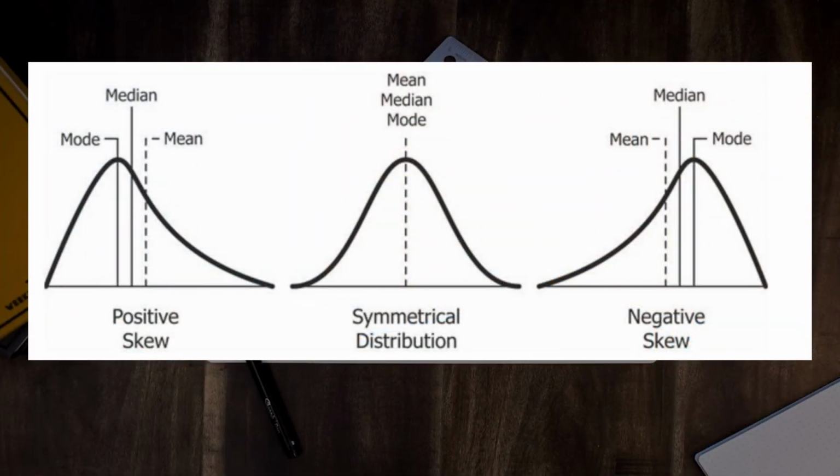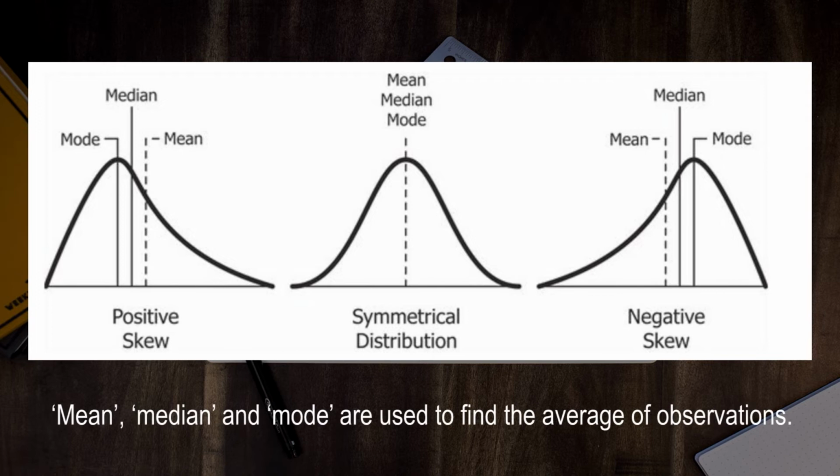And finding mean, median, and mode is only possible when we have the group data. It is not possible if you have only the individual data. If we know the score of each and every student of the group, then we can find out the average observation.